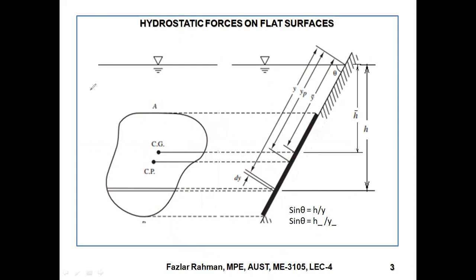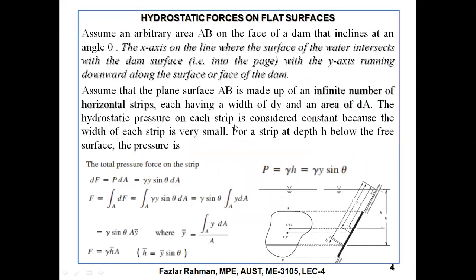So you see, in the next slide, right over here we have y dA integrated over A. So this is the summation over the area. If I divide it by area A, meaning the total area of this plate is A, then I am getting y bar.